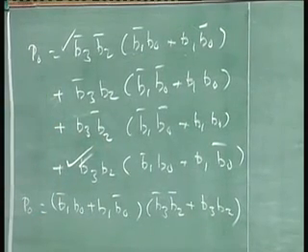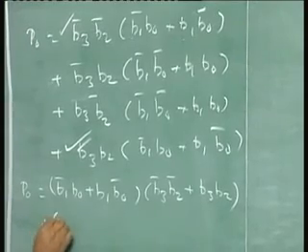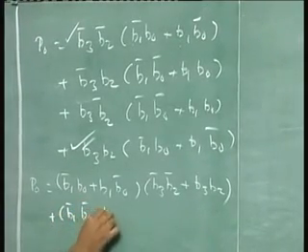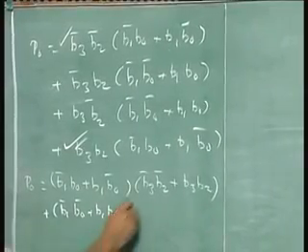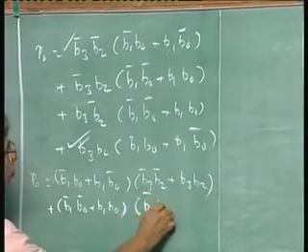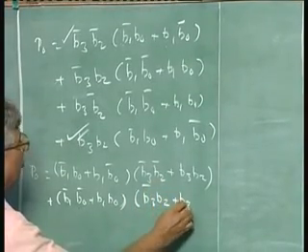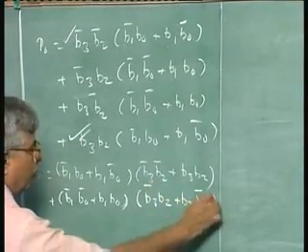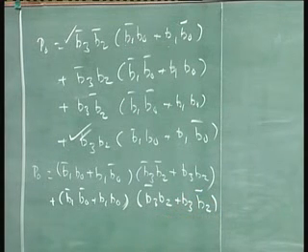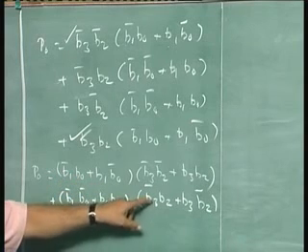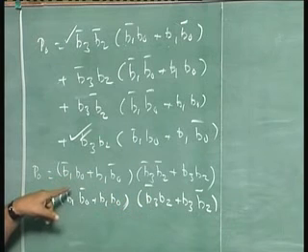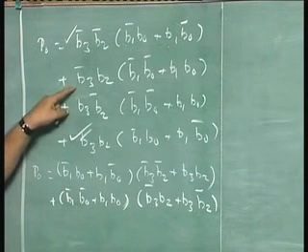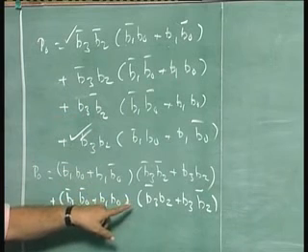These 2 terms have the common B1 bar, B0 bar or B1, B0, which is exclusive NOR, times B2 bar. Now this is B3 bar, B2, B3 bar, B2.